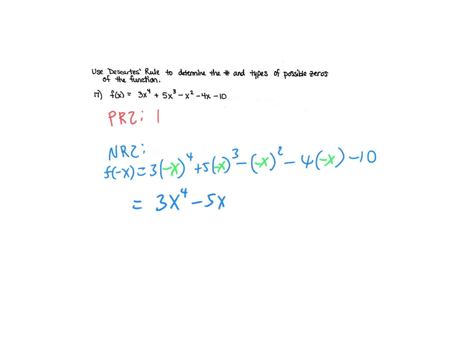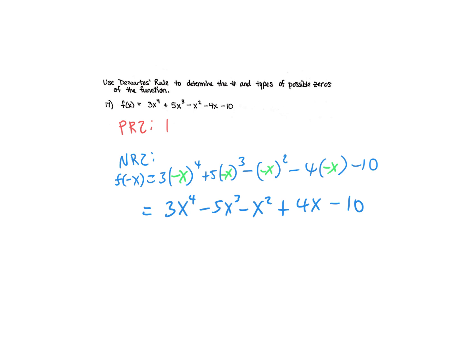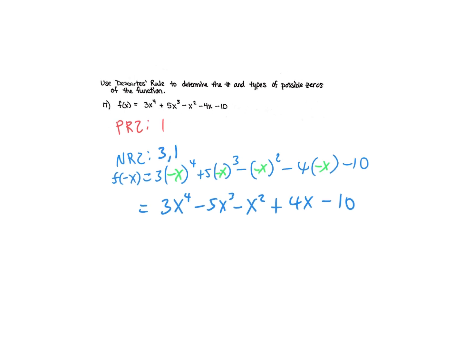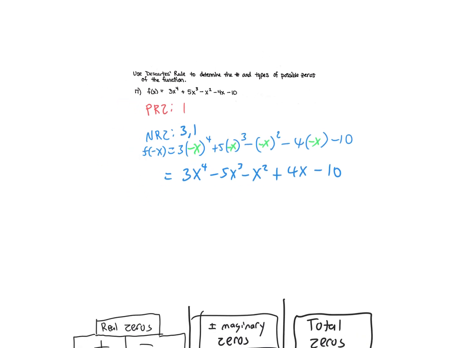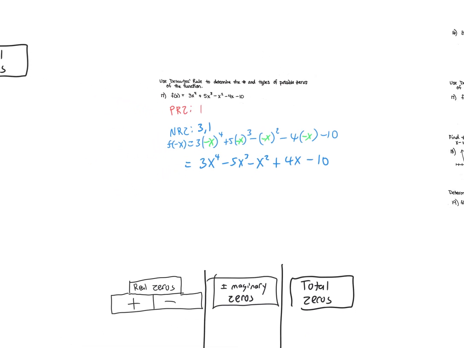This would switch signs. This would be the same as it was before. This would switch signs. And how many sign changes are there? It goes from positive to negative. So that's 1, 2, and 3. So negative real zeros are 3, but then you have to subtract 2 from that. So there's either 3 negative real zeros or 1 negative real zero.